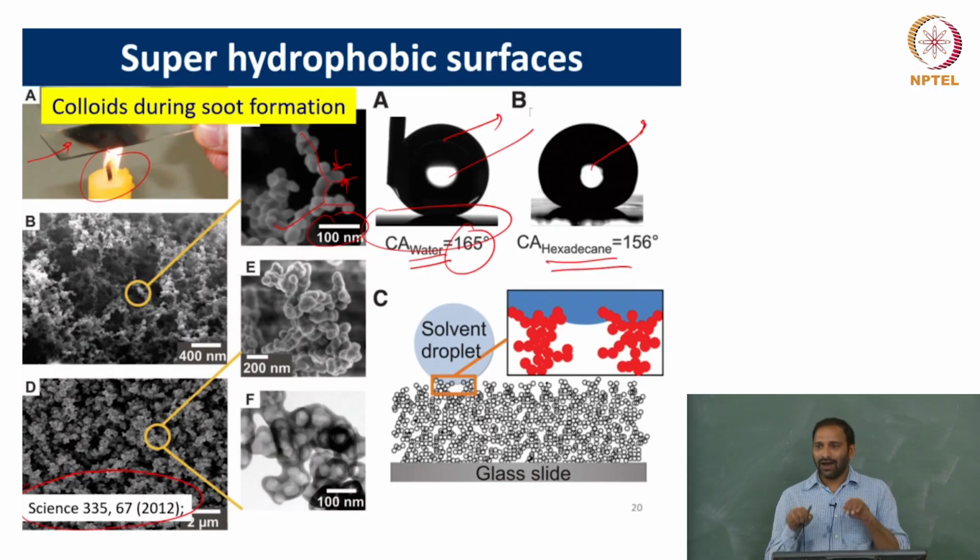Therefore I can create both water-hating substrates and oil-hating substrates. So I can create what are called omniphobic materials, which neither like water nor like oil. You can make things like that.